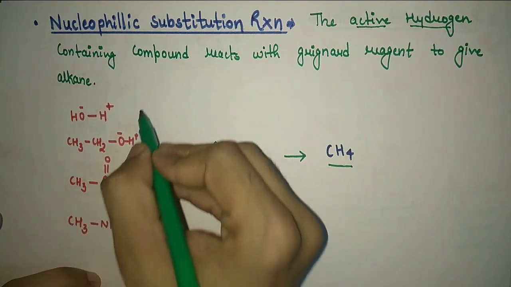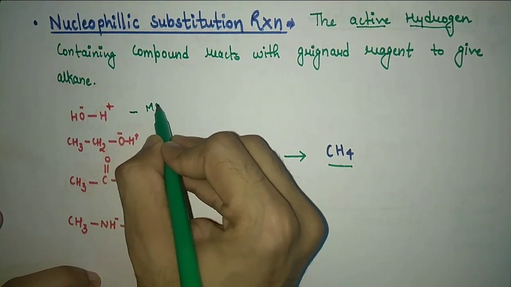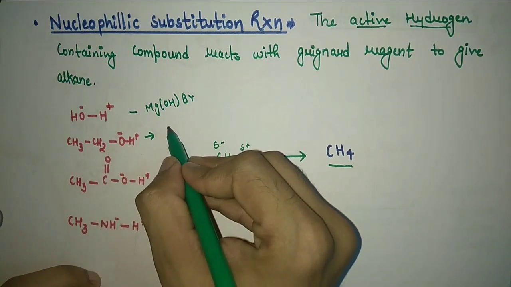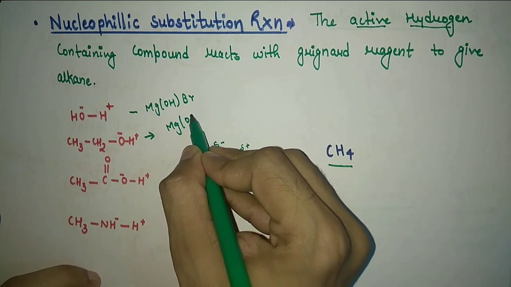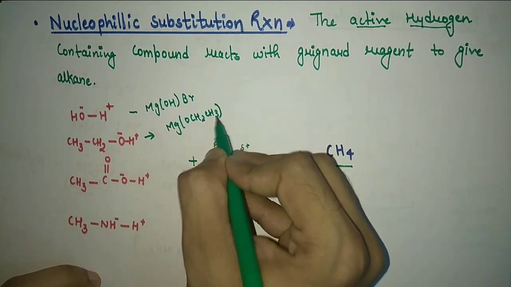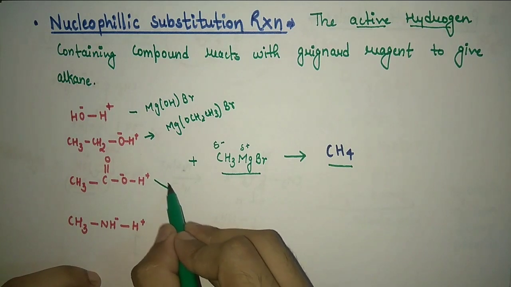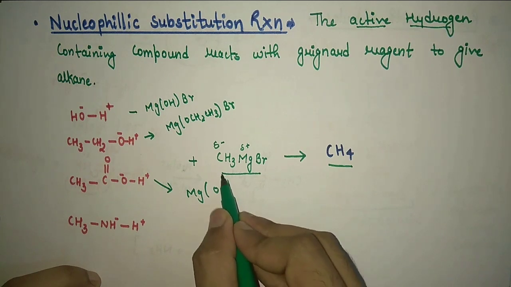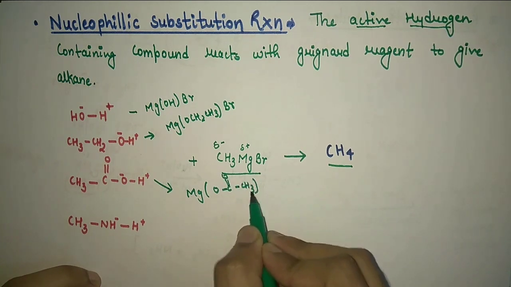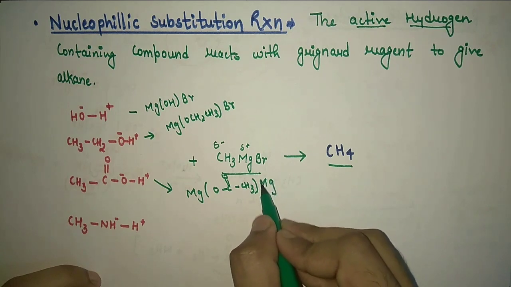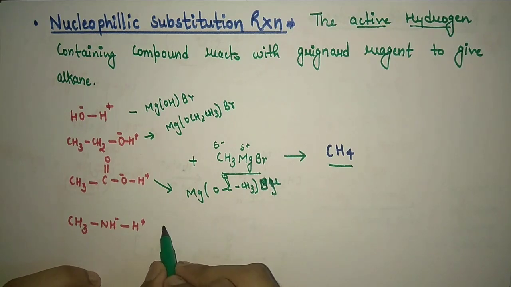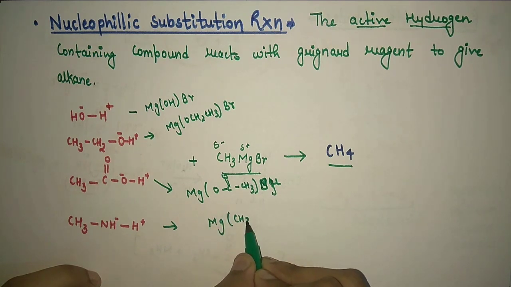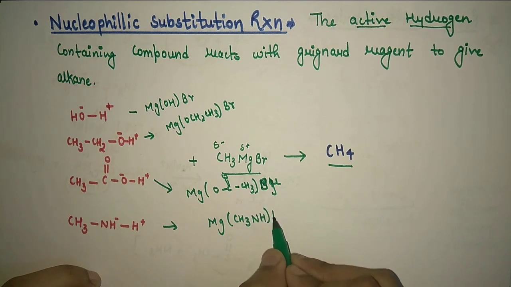And what will be the byproduct in this case? In the case of water, the byproduct will be MgOHBr, and in the case of this alcohol, the byproduct will be MgOCH2CH3Br, and in case of this acid, the byproduct will be MgOC double bond O CH3Br, sorry, this is Br, and in this case of amine, the byproduct will be MgCH3NH.